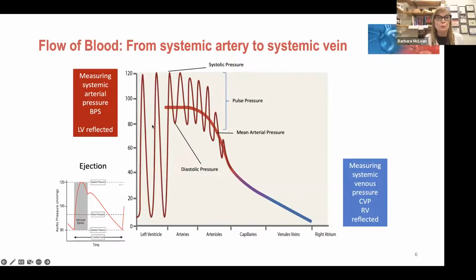Okay, so just want to remind you, most important is to remember, if I have an invasive arterial line, I'm going to use systemic arterial blood pressure, systolic, to reflect what my LV is doing.